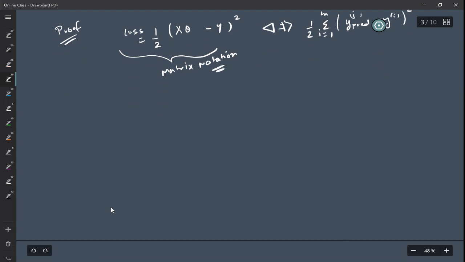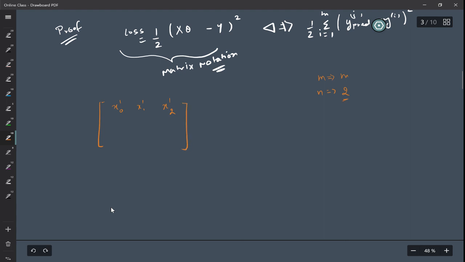So let us see what x theta is. For our simplicity, let us say we have m examples, and let's say the number of features we have is only 2. So your design matrix is going to look something like this: x1 0, x1 1, x1 2.